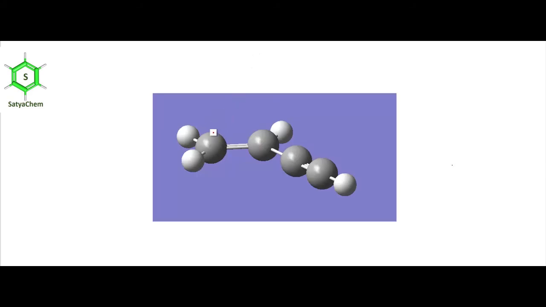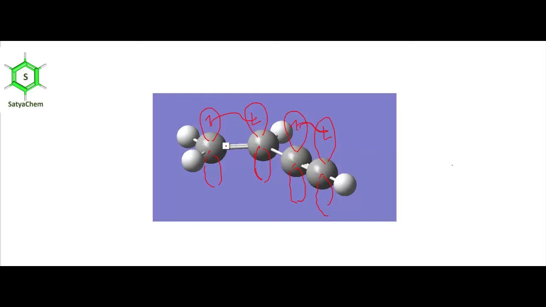I am drawing the unhybridized py orbital, so we have a py pi bond, and here again another py unhybridized orbital, so we have another py pi bond.